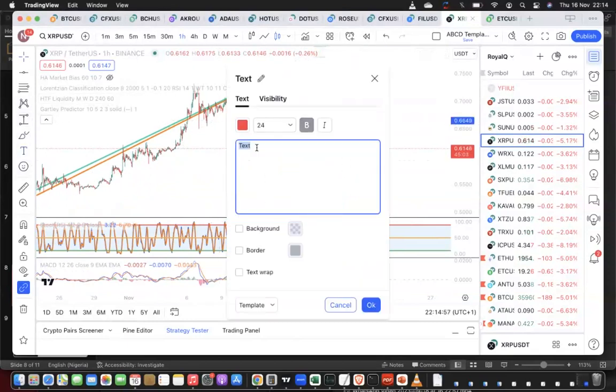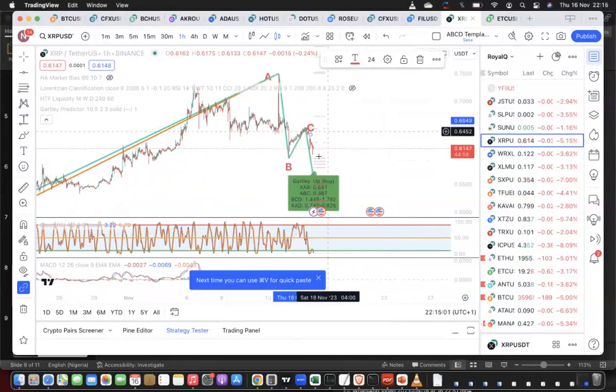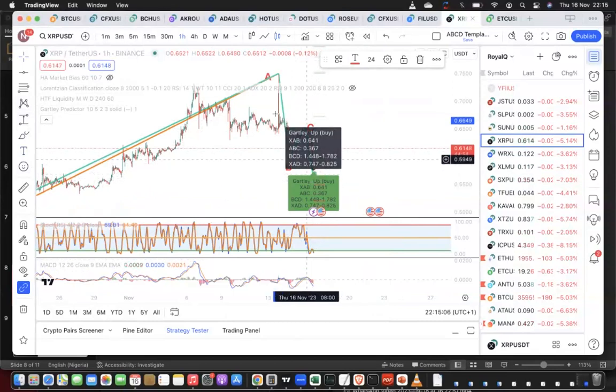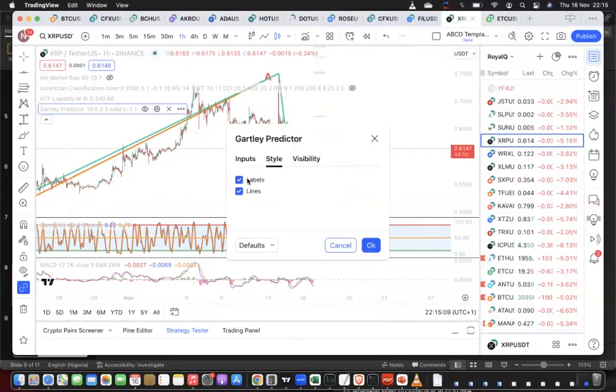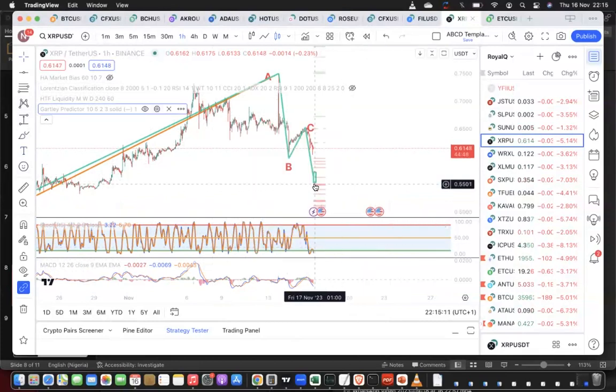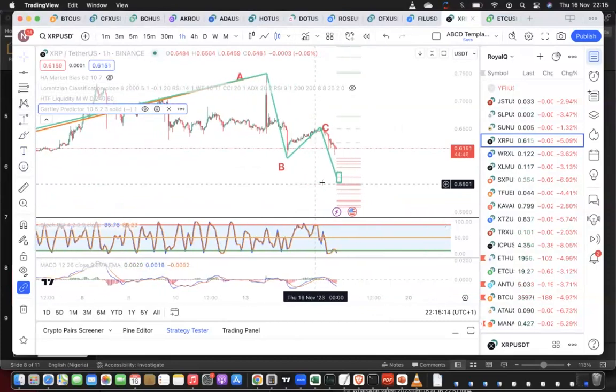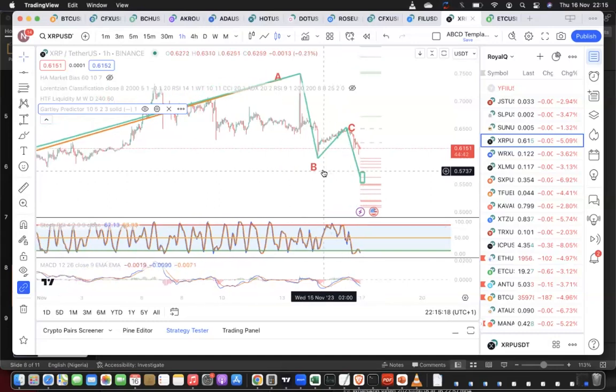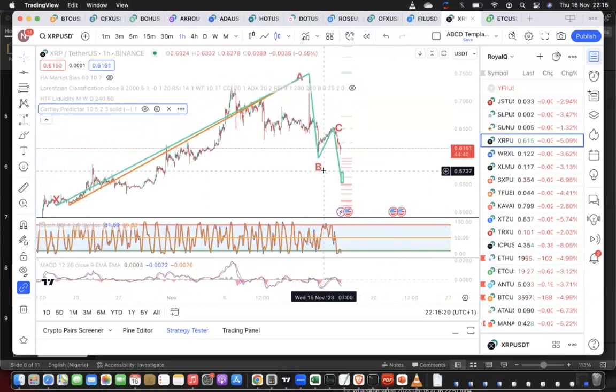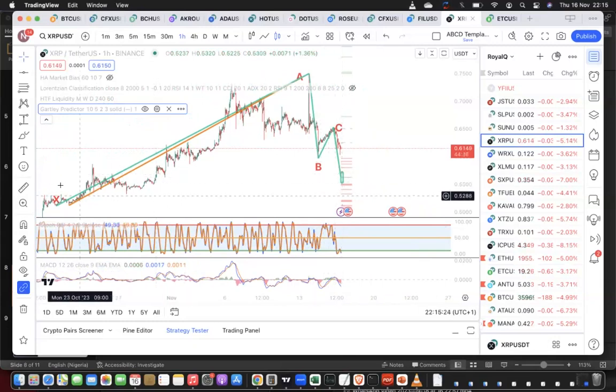So you need to understand the ABCD methodology. And of course, here is D. If you want to hide this, just go to the Gartley indicator, remove the labels, and then automatically you see the sign of this is the D now. So at this point, whatever the prevailing trend was from X continues.